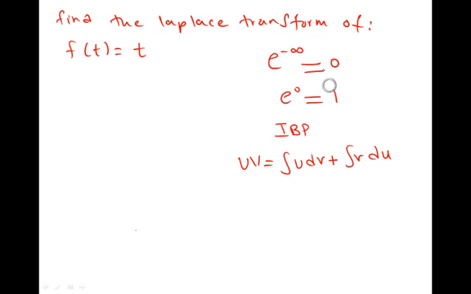I'll need these three notes in the next example, so I'll start to find the transformation of f of t equals t. So it's going to be from 0 to infinity, f of t is t times e to the power of minus st dt.